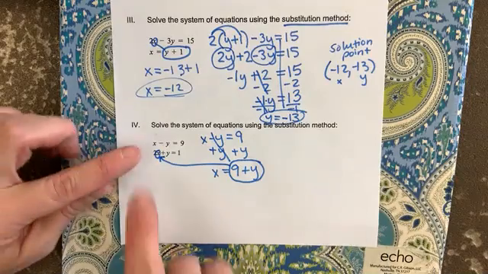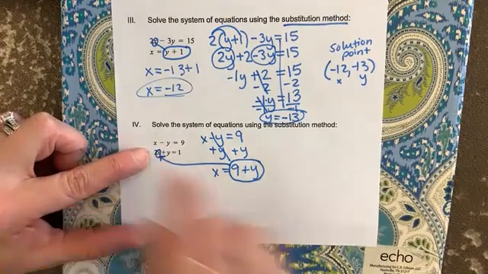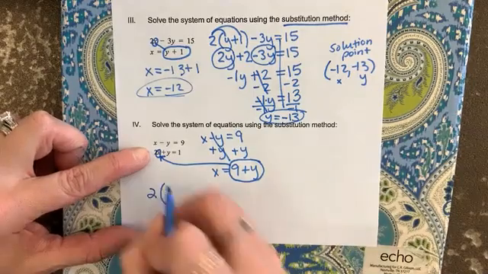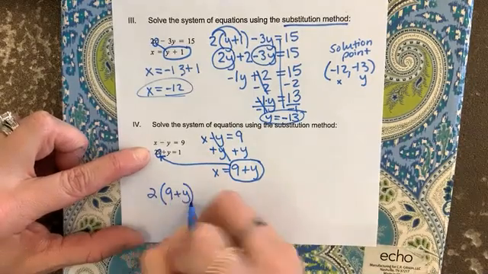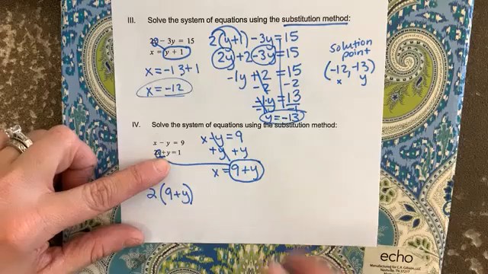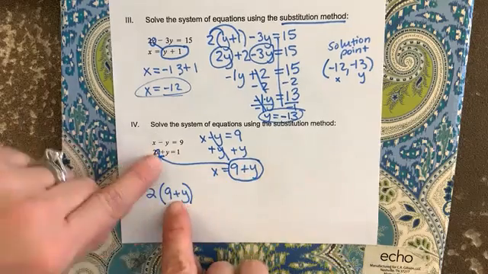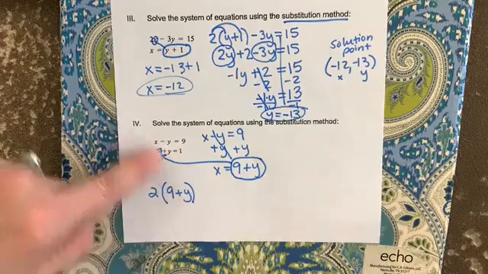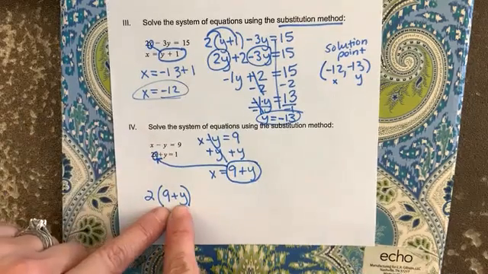So my new equation is not 2 times x. It's going to be 2 times 9 plus y. I'm just replacing just that little x right there.